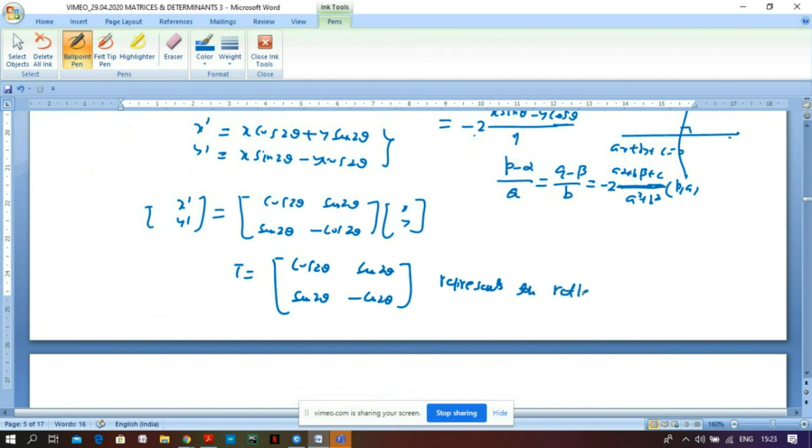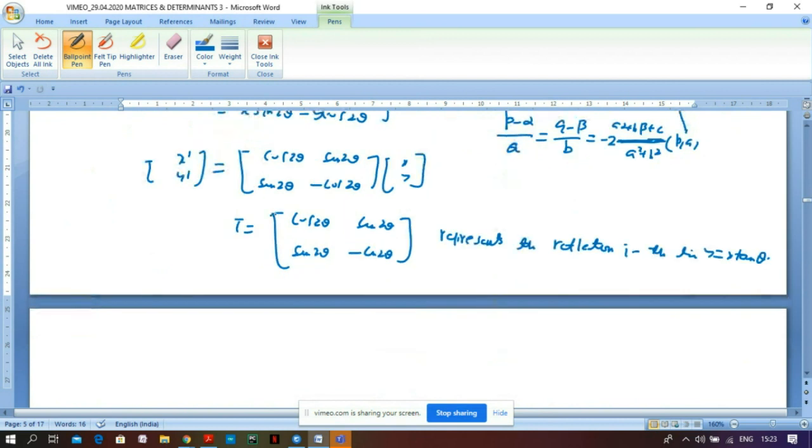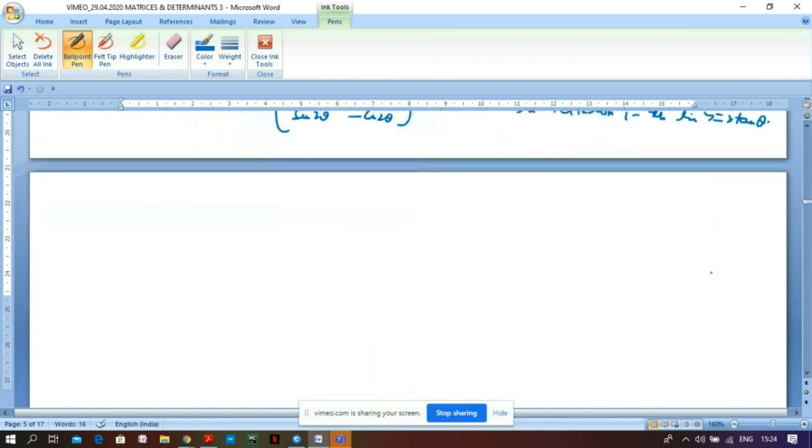So it's a reflection matrix. It represents reflection in the line y equal to x tan theta. IIT gives you sometimes some problems based on this, that what is the reflection of this point in this line. So if you know the matrix, you can simply multiply and you can quickly find the result. So that is reflection in the line y equal to x tan theta.